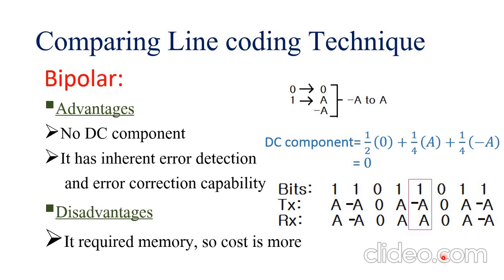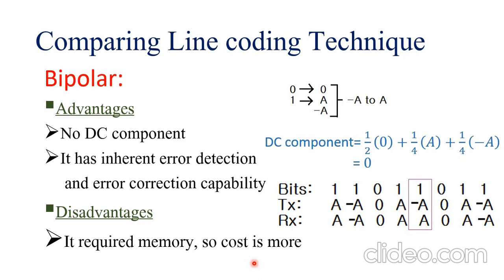So this is one major advantage which is there in bipolar technique. But when we talk about disadvantage, then the disadvantage is it requires memory to store the amplitude of the previous bit.